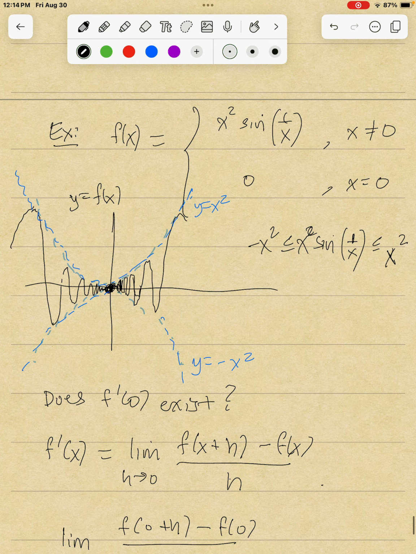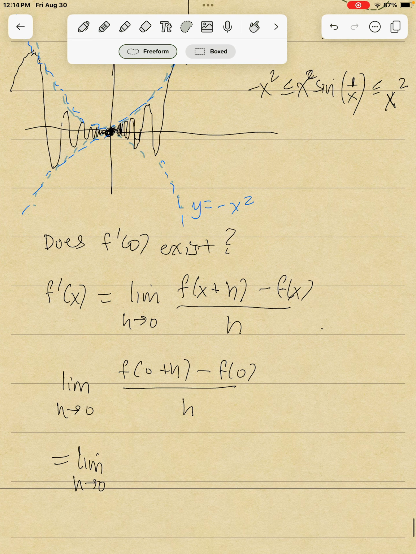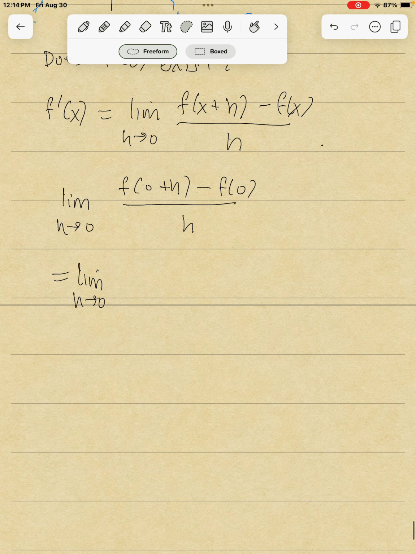And so therefore, when I have this piecewise function, my f of h, what do I look at? I look at this, right? Because here I want my h to not be 0. So I want h squared times sine of 1 over h. That's my f of h.